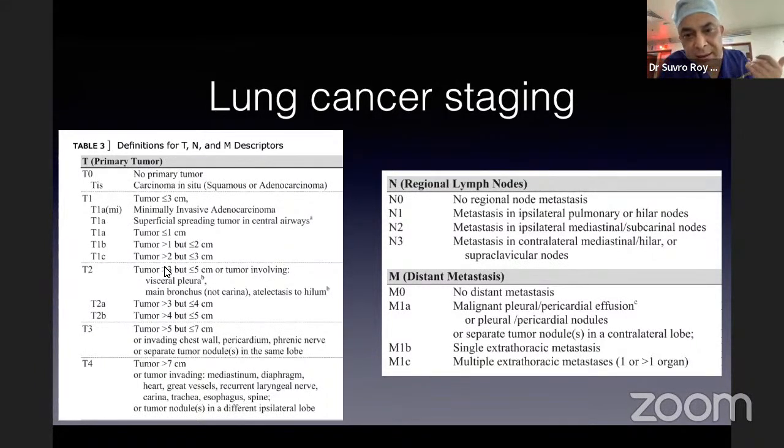So similarly, when we come to nodes, the nodes are N0, N1, N2, N3: ipsilateral pulmonary nodes, ipsilateral mediastinal nodes, which means the pretracheal, paratracheal, subcarinal nodes, and then contralateral mediastinal nodes or supraclavicular nodes are N3 nodes. And then within this, you can have subdivision of nodes as well.